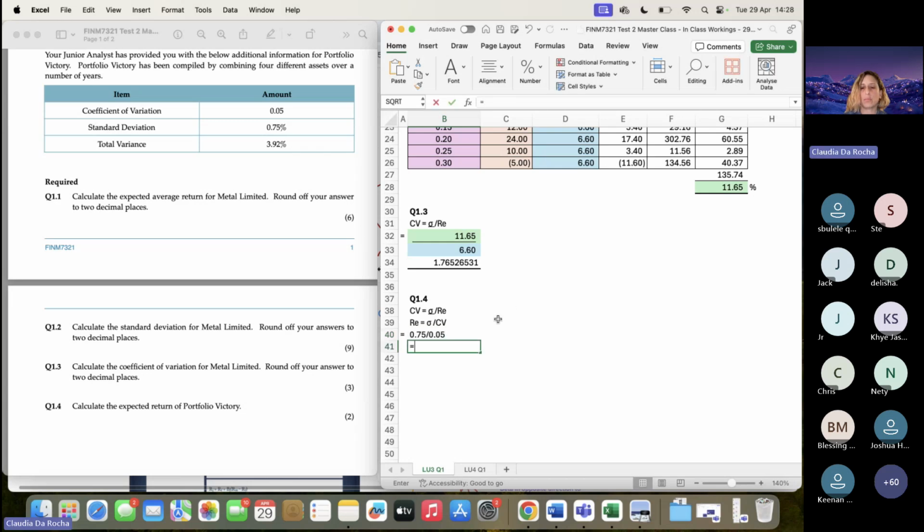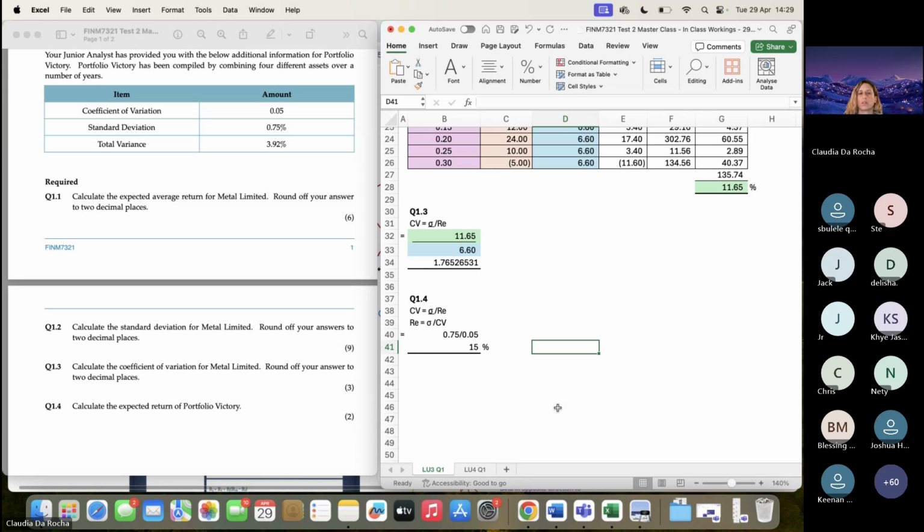So our answer is 15. And this is a percentage.